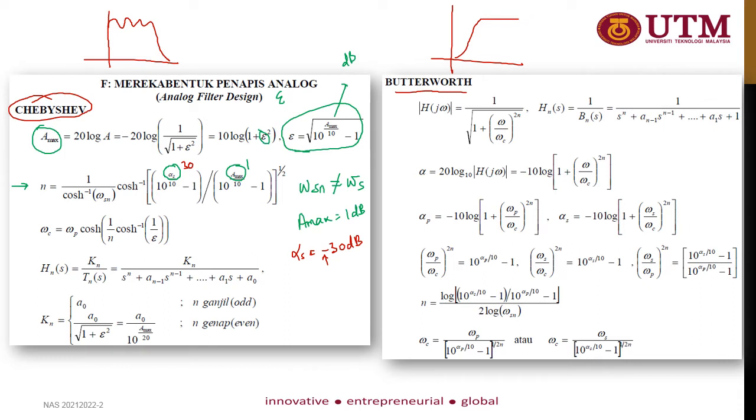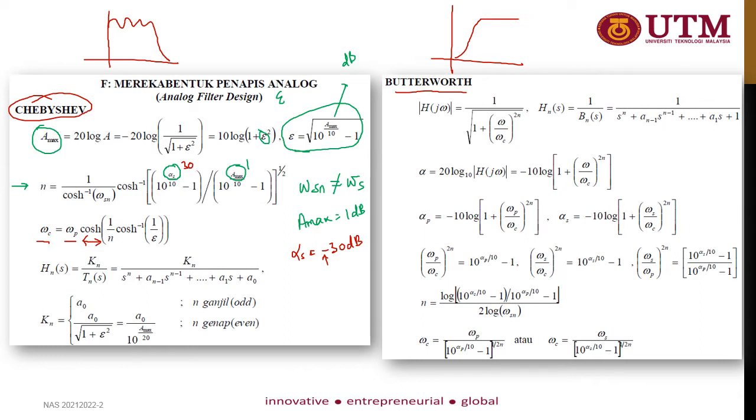Alright, and then omega C is the cut-off frequency, omega P is the passband frequency, cosh. Please make sure you calculate properly using your calculator and make sure it is cosh. And then this is inverse cosh.